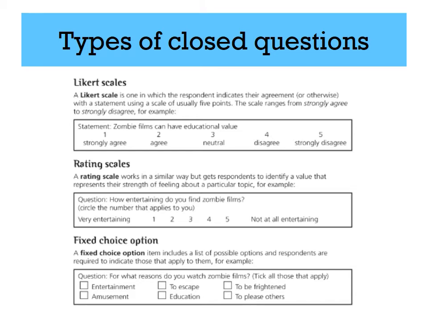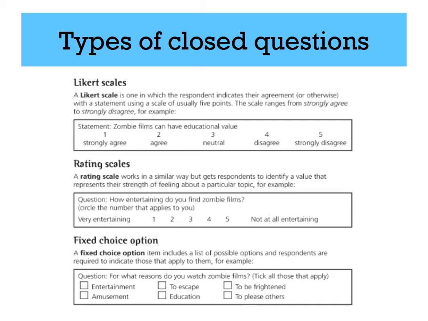Now, there are different types of closed questions which you will eventually become familiar with. So a Likert scale could be used, which is where respondents indicate their agreement or otherwise with a statement using a scale of usually 5 points. So strongly agree, agree, neutral, disagree, or strongly disagree.